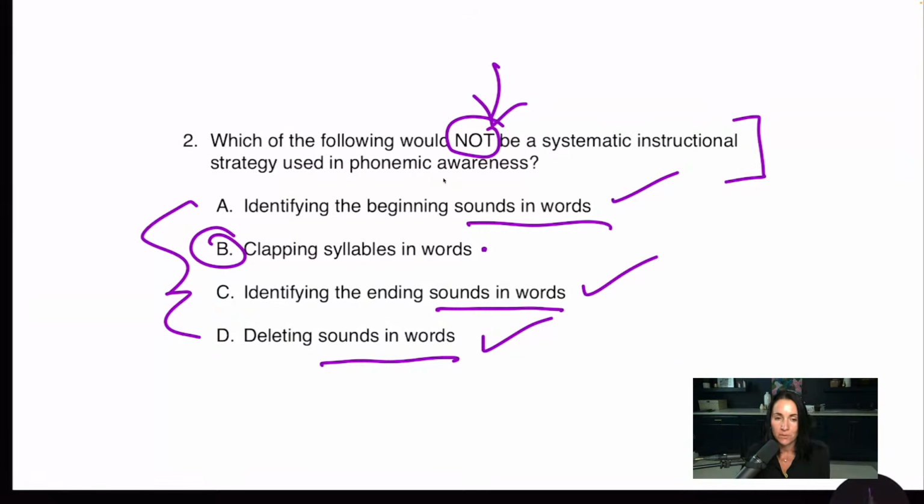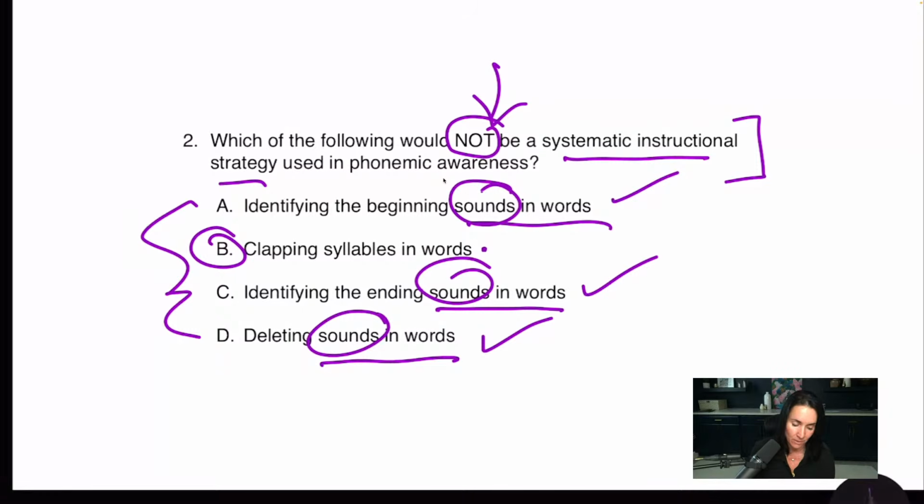Syllables kind of talk about the structure of the word, and that's not phonemic awareness. Do you have to have phonemic awareness to do that? Yeah, sure. But we're talking about systematic instructional strategies for phonemic awareness. And again, just thinking like a test maker here, I got sounds in one, sounds. I'm looking for the one that doesn't fit, and that's going to be B. And you will see those types of patterns on the exam all the time, okay?